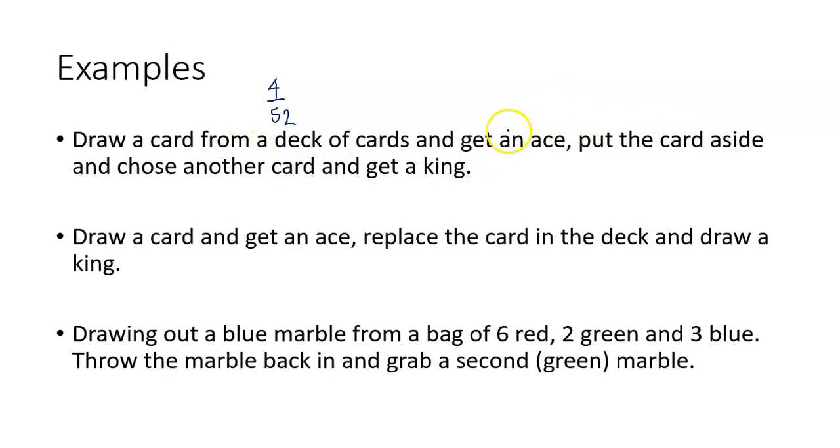Put the card aside, so that means we don't put it back in the deck, and now we're going to choose from the deck again, and we're going to see if we get a king. Now, the probability of getting an ace is 4 out of 52. On the second draw, the probability of getting a king is going to be 4 out of 51. Now, if I were just to draw one king out of a deck of cards, normally the probability would be 4 out of 52, right?